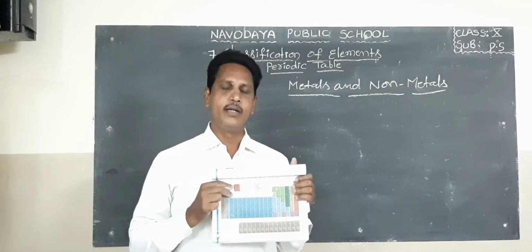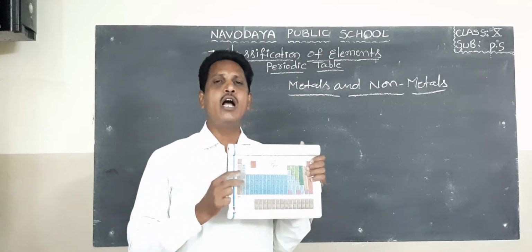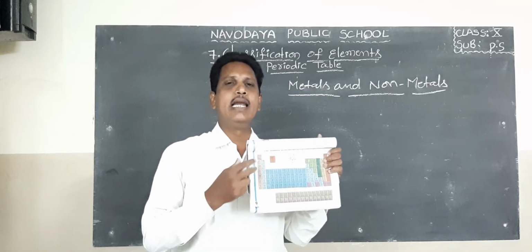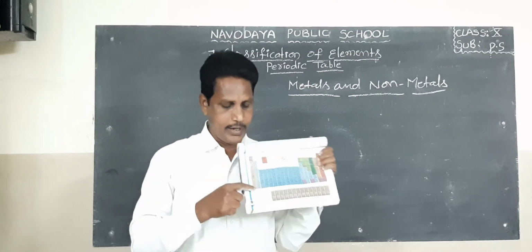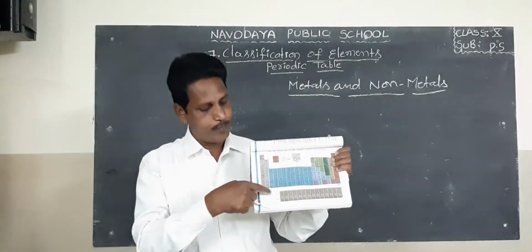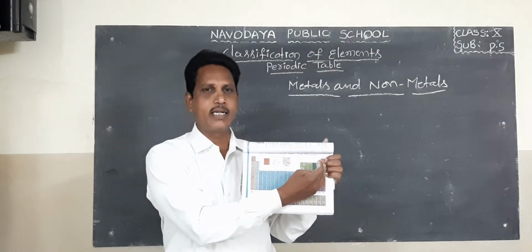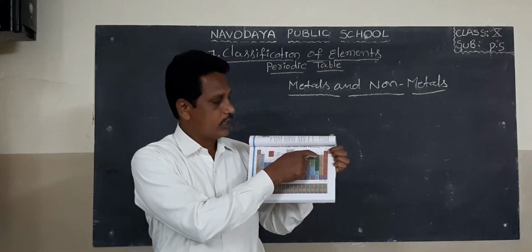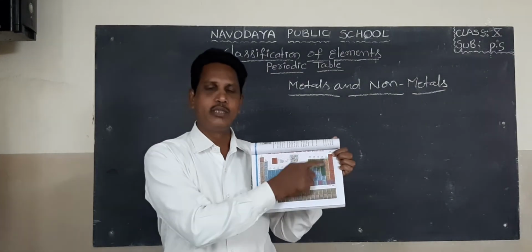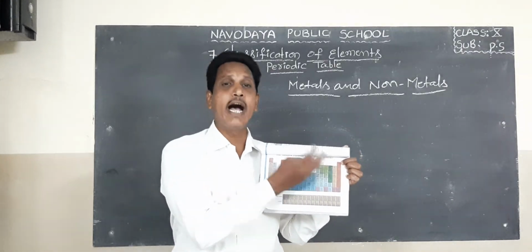In this periodic table, strong metals are present at the left side, that is 1A group and 2A group. Strong non-metals are present at the right side, 6A group and 7A group. 6A, 7A and 8A are also strong non-metals.